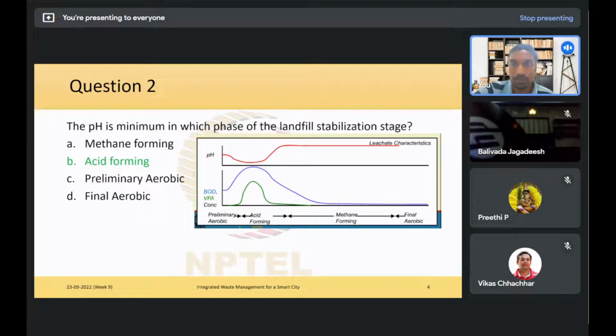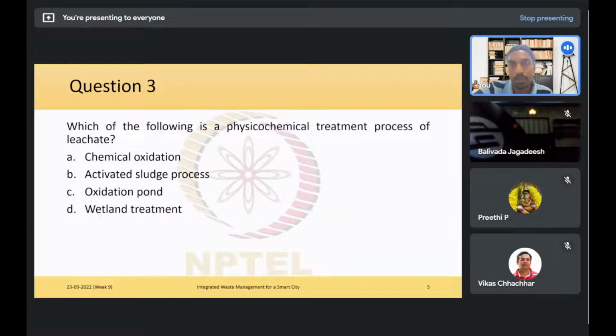Okay, so moving on to question number 3. Which of the following is a physicochemical treatment process of leachate? Right. So the options are chemical oxidation, activated sludge process, oxidation pond, and wetland treatment. Okay. So in this question, we are concerned with physicochemical treatment. So what do we mean by a physicochemical treatment? It's either a physical process, right?